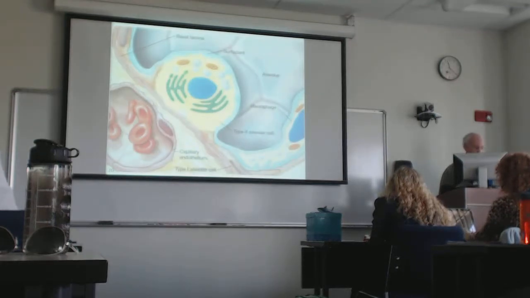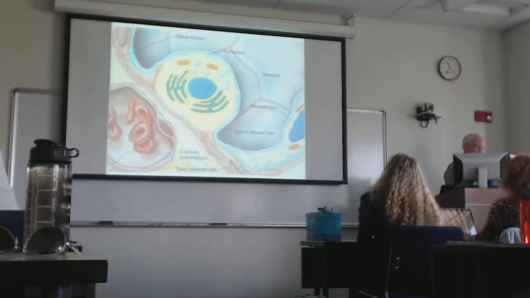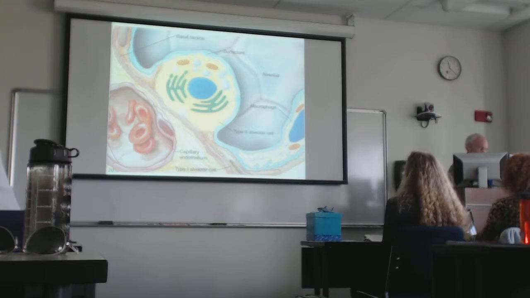Now, as we look inside the alveolus here, this is a dramatically simplified representation, but this would be our alveolus, all of that gray material. And we can see that the alveolus is right beside a pulmonary capillary. We can see the red blood cells in the pulmonary capillary, something we'll talk about in just a moment.